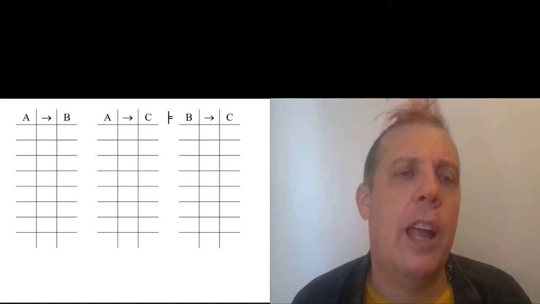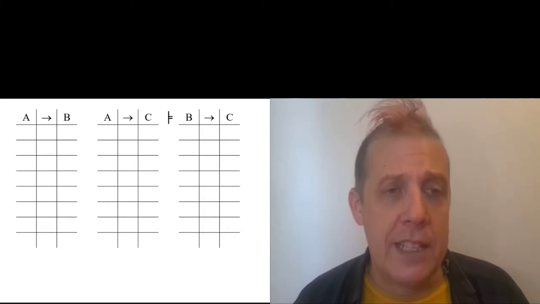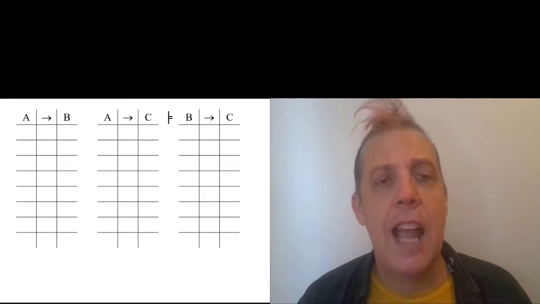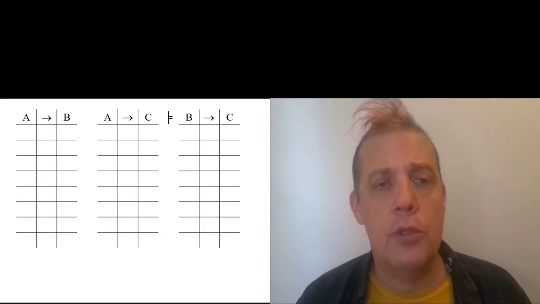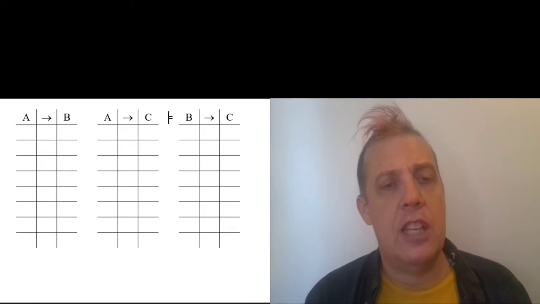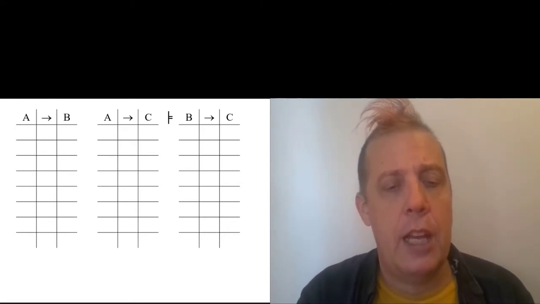This is also an argument with 3 sentence letters. So that means that there are going to be 8 rows on the truth table, right? And so let's just review how to fill these in when you do something with 8 rows.